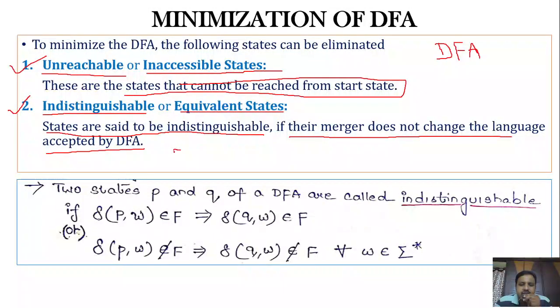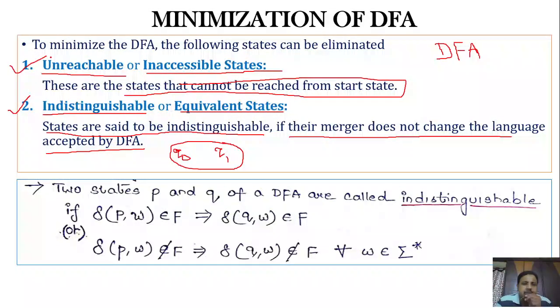Let me say we have two equivalent states, Q0 and Q1. Those two equivalent states can be merged together. In the given problem, these two are separate states. If you find they are equivalent, you merge these two states into a single state. This is the second point that you need to consider.